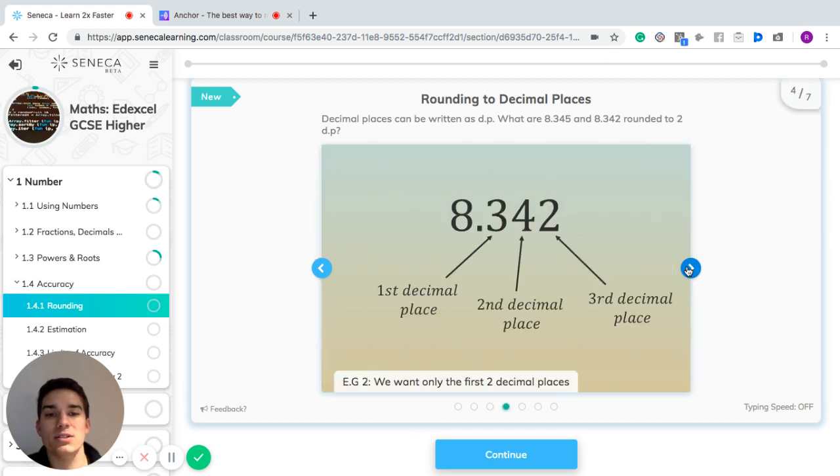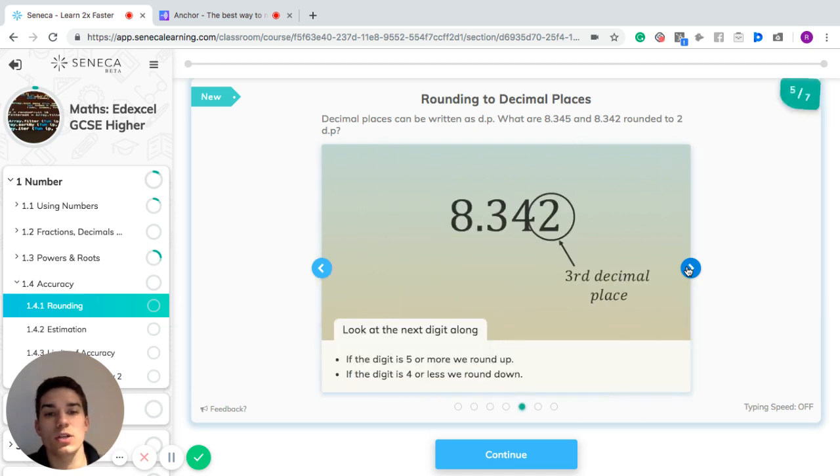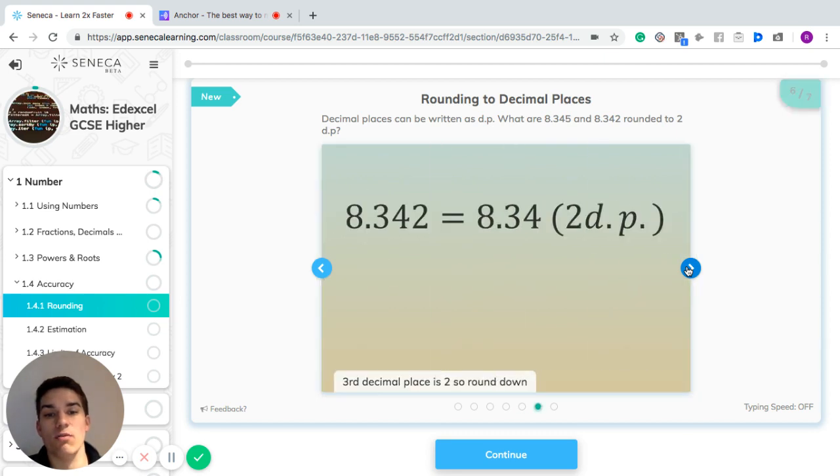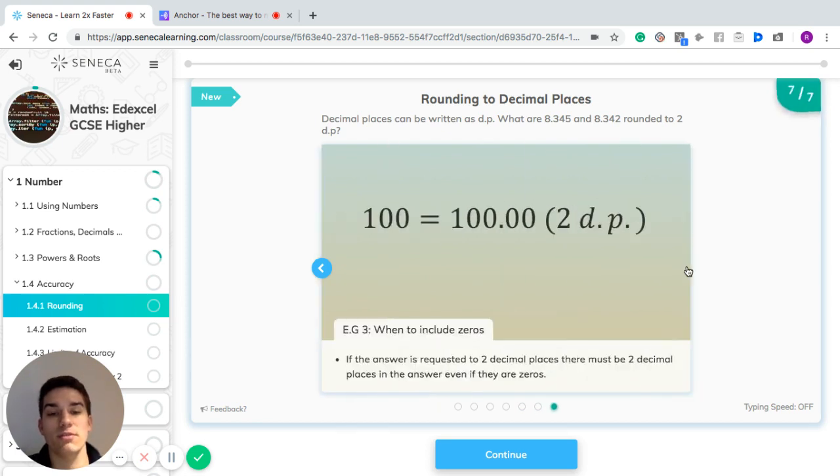Now 8.342, remember we only want the first two decimal places, so we look at that third decimal place, and if the digit is 5 or more, we round up, and if the digit is 4 or less, then we round down. The third decimal place is a 2, so we round down. So 8.342 rounded to two decimal places is 8.34.